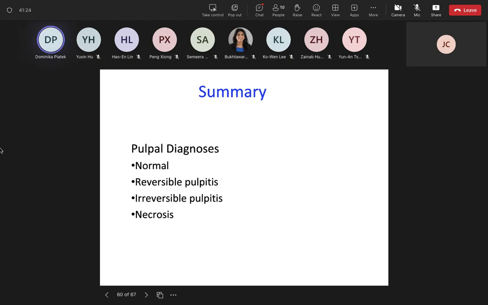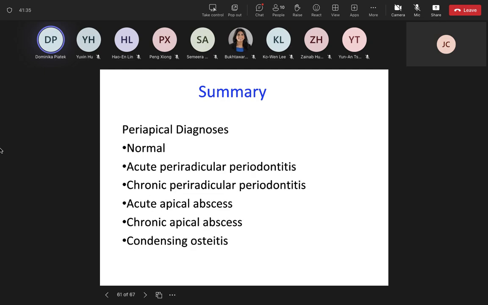So in summary, we have pulpal diagnoses, which are normal pulp, reversible pulpitis, irreversible pulpitis, and necrosis. And we've got some periapical diagnoses, which are normal periapical area, acute apical periodontitis, chronic apical periodontitis, acute apical abscess, chronic apical abscess, and condensing osteitis.